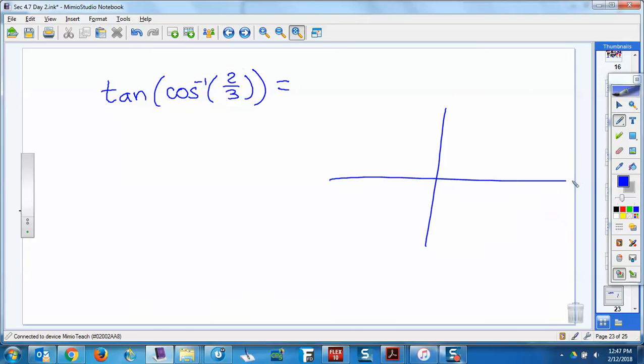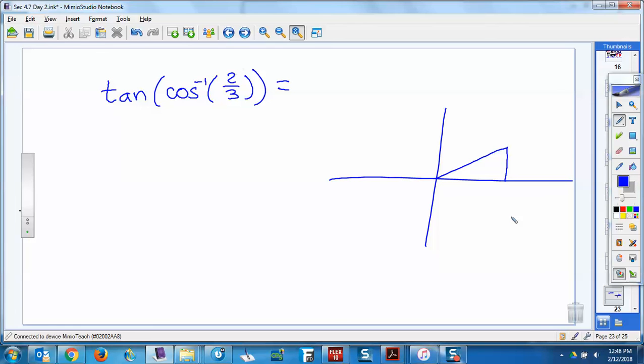So here's how this looks. You say to yourself, all right, self, the angle whose cosine is negative 2/3. Excuse me, positive 2/3. Now, what quadrant do I have to draw that in? Positive value. So I'm either going to be first or second. Which one? First. Second would be for negatives, right? Cosine is negative in the second. So the angle whose cosine is 2/3.